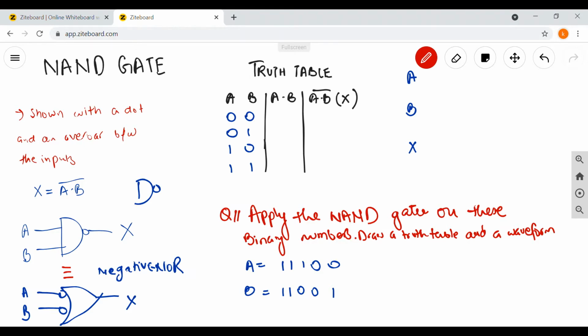So the first thing that we're going to do is just basically apply the AND gate, which is 0 0 0 1, and now we're just gonna apply the NOT gate and invert the output we got from here. So 1 1 1 0, which is basically what the NAND gate is. It's like a combination between two basic gates, which is the AND gate and the NOT gate.